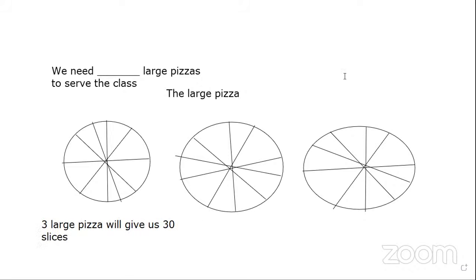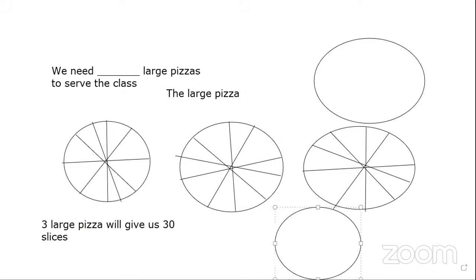Get another large pizza in. One more large pizza. That's 40 slices. One large, another large pizza. That's 50 slices. Again, Miss did not go wrong. Because 4 large pizza will only give us 40 slices.